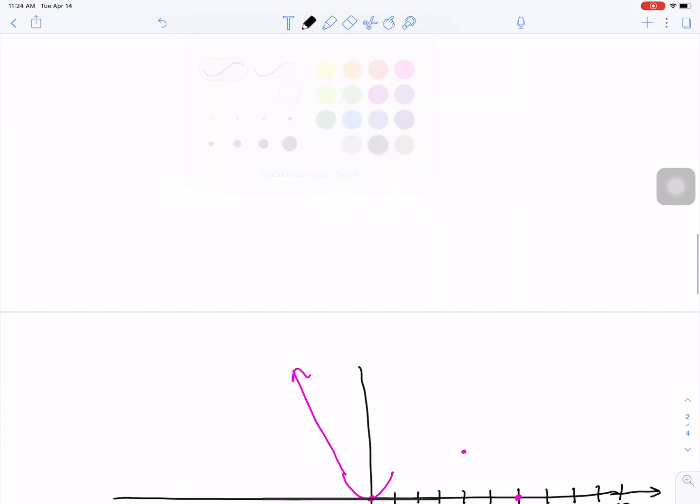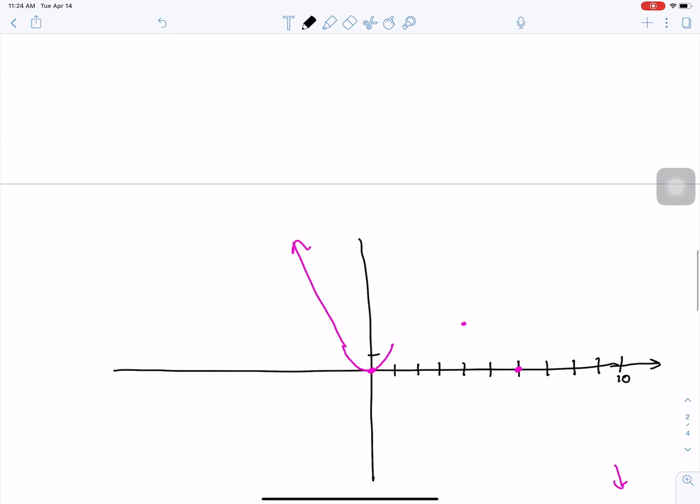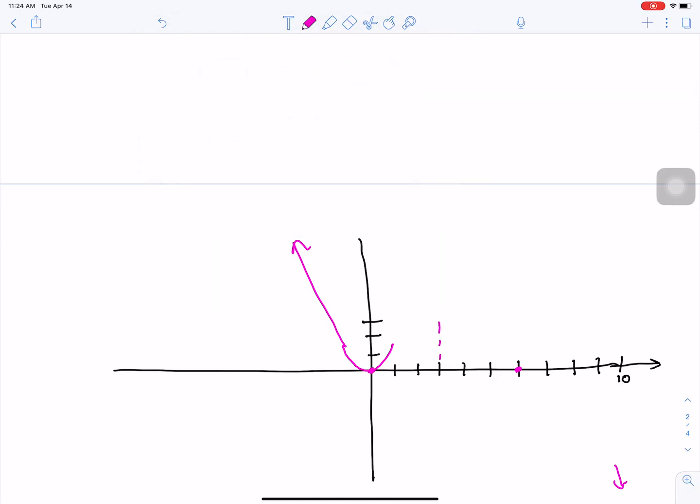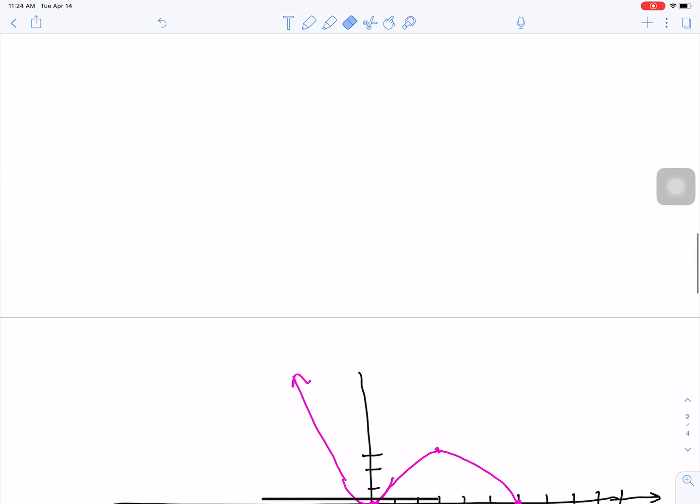So if I change my axes to 1, 2, 3, this will be at approximately 3.17. So kind of up there. And now there's a local max here, so the curve has to go like this. It probably will go through my intercept and come back down. So that's my prediction of what is happening with the graph so far.